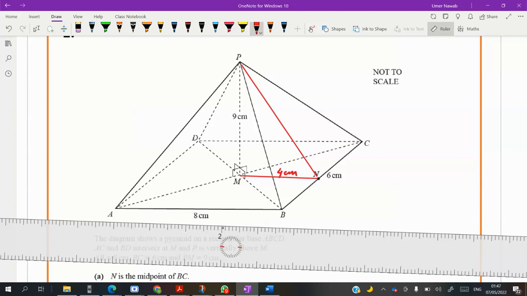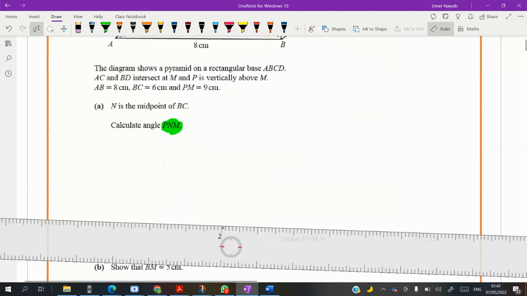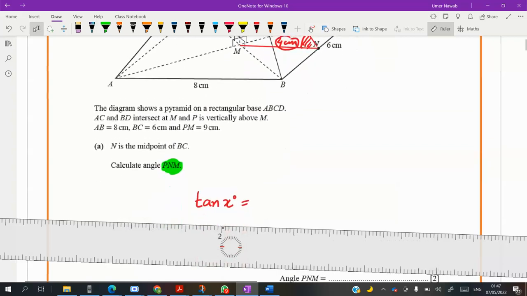So I can easily find this angle by using SOHCAHTOA because this is opposite and this is adjacent for me. I'm going to write simply tan x equals 9 over 4, opposite over adjacent.